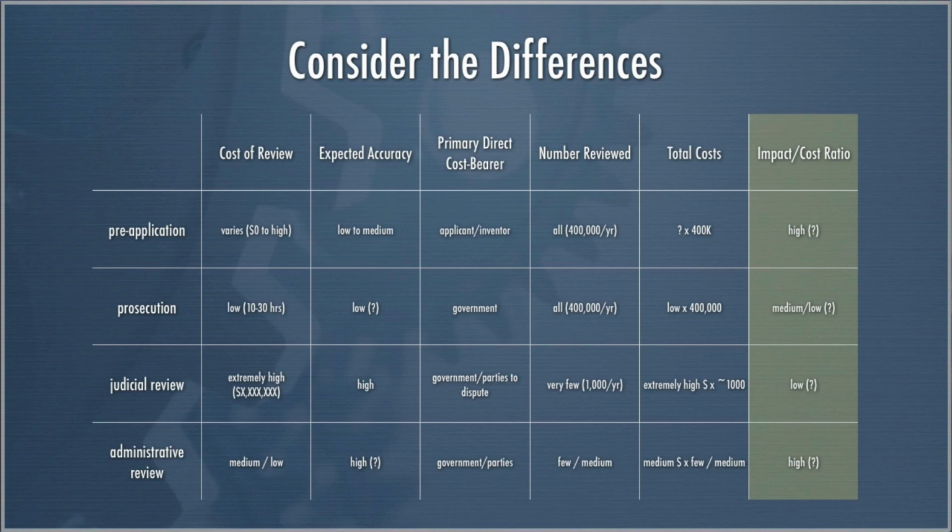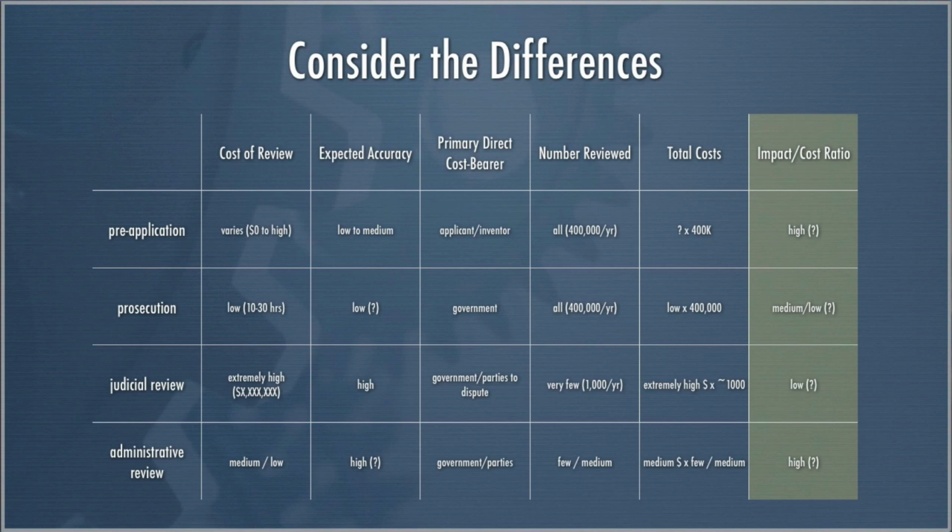But I think it's a high impact per cost because every single patent is being done. So it is a review method, this pre-application review method, which again is not required, is not part of the statute, it's not an administrative body, it's just that the incentive structure suggests that at least some of this is going to happen. And so I think it's high impact.